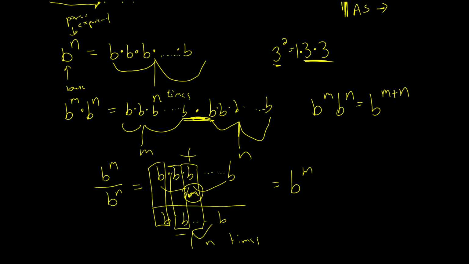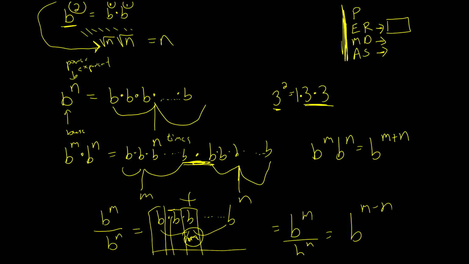And so b to the m divided by b to the n is b to the m minus n. But notice, since exponents are built on multiplications, and multiplications are built on additions, they're reflective of each other. If I look at what the power is doing, I'm multiplying powers. Multiplying powers, I add exponents. I look at the level below.